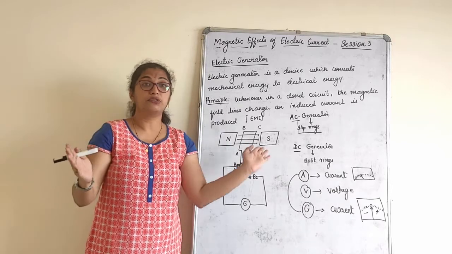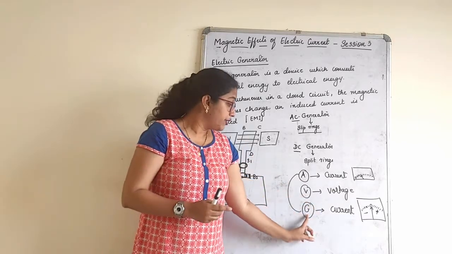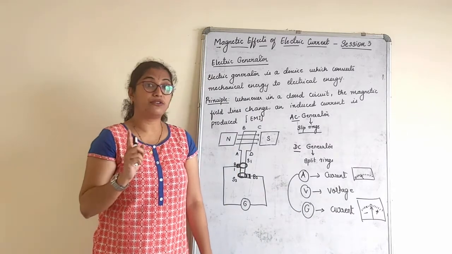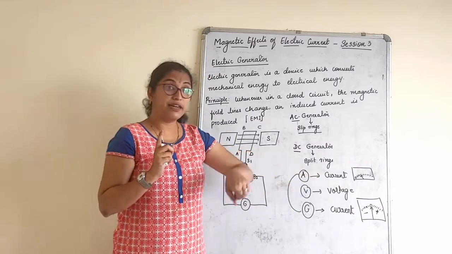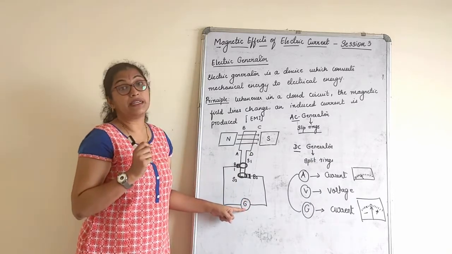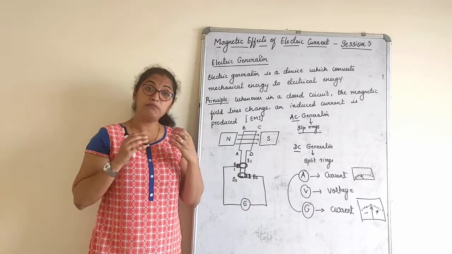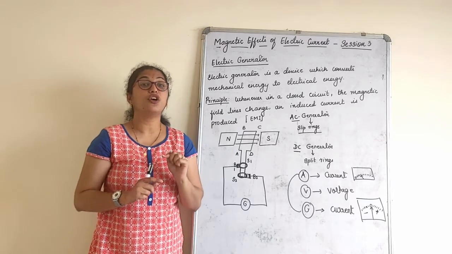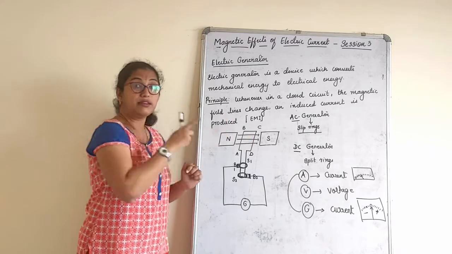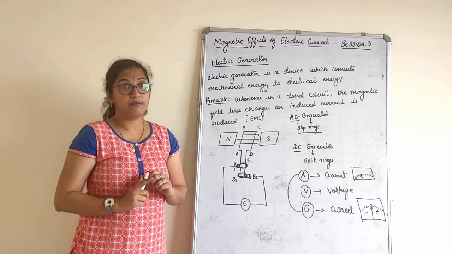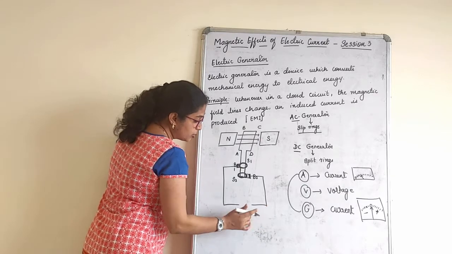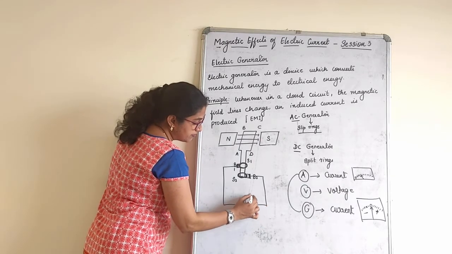The positive side or the other side? A galvanometer is a device used to measure the direction of electric current. An ammeter is a device used to measure electric current. Here we want a galvanometer only, because the main thing I want to know is the direction of current. Which direction the current is flowing in the circuit is very important. Imagine you have drawn everything correctly, and instead of this you put this.